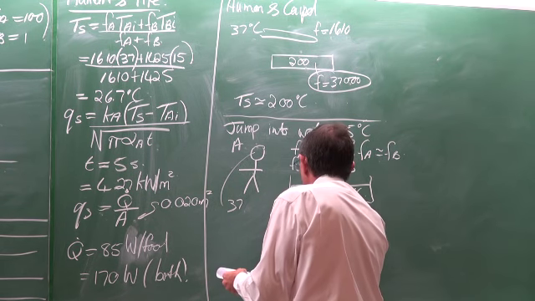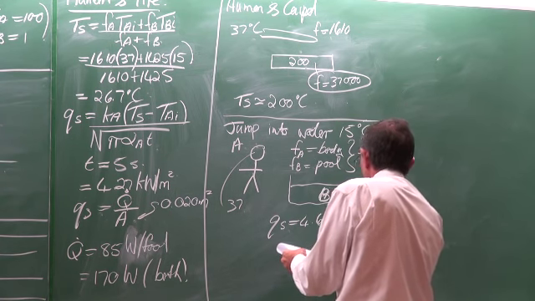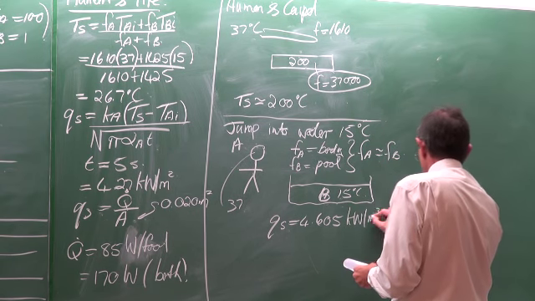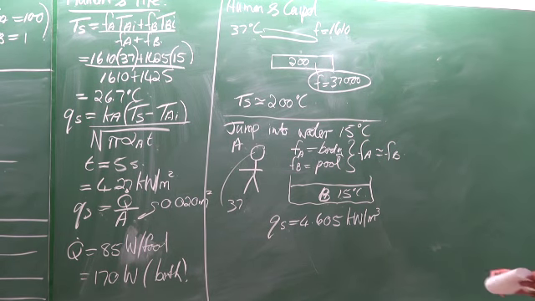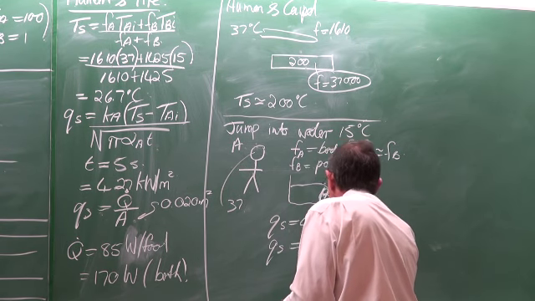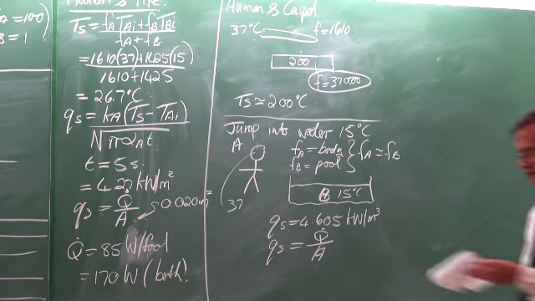So the heat flux would be about 4.605 kilowatts per square meter. And the heat flux, as you know, is equal to the heat transfer rate divided by your surface area.